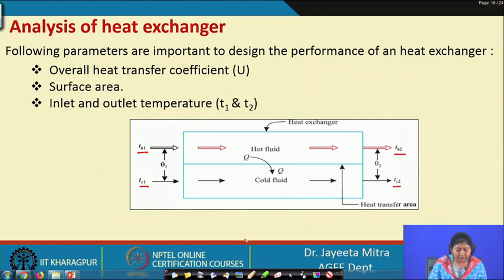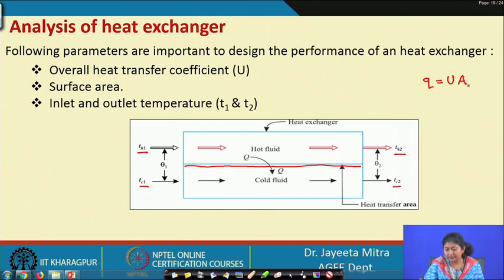Then we need to know the surface area available for heat transfer. This is very important, because if the surface area changes, then obviously the rate of heat transfer changes, because normally the rate of heat transfer is expressed as Q equal to U A delta T, where U is the overall heat transfer coefficient and A is the area.